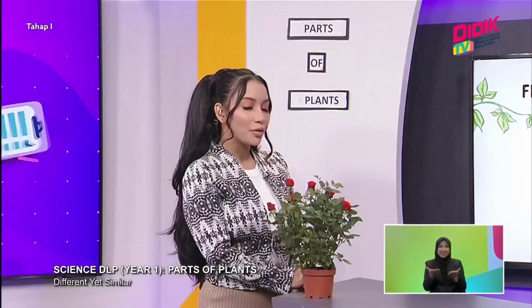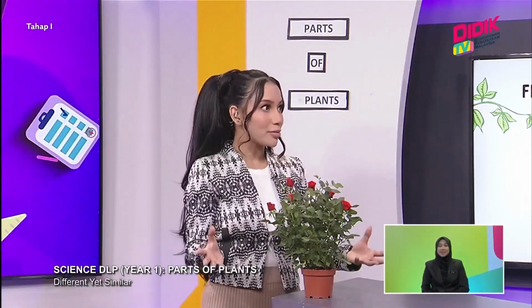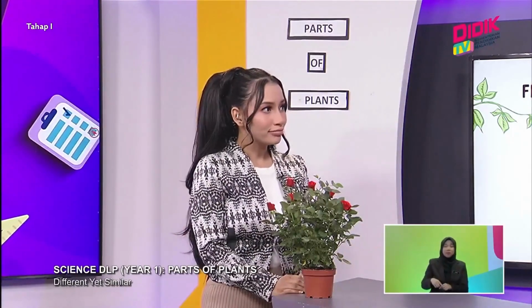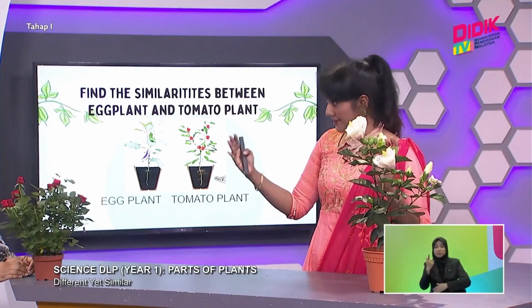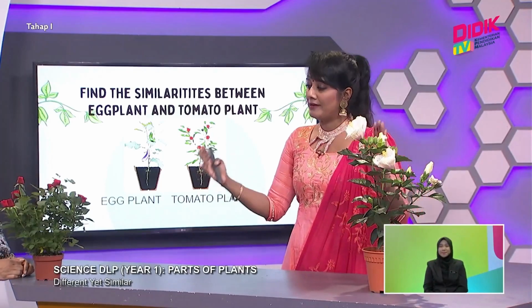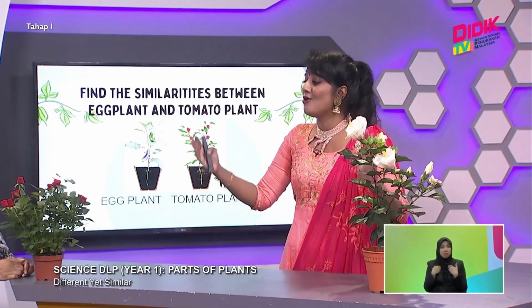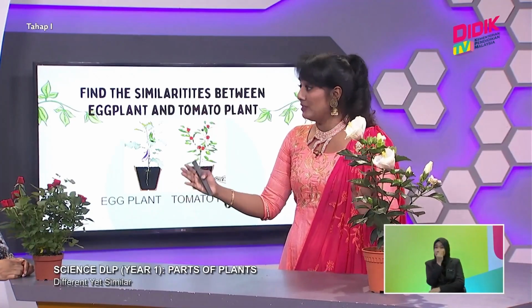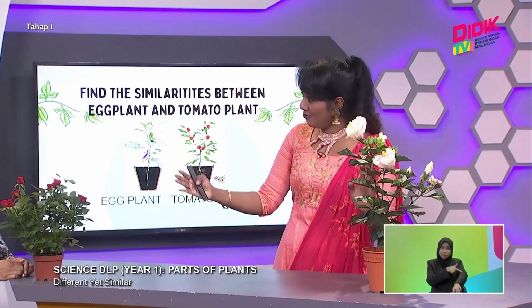Now that we've learned about the similarities and differences of a few types of plants, perhaps you can do a roundup of our segment. For today, we have learned that even though the plants are different, they have similarities. They are also flowering plants. They also have tap roots, and they have netted veins.